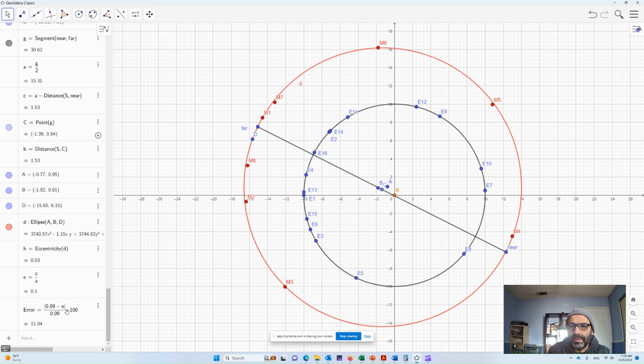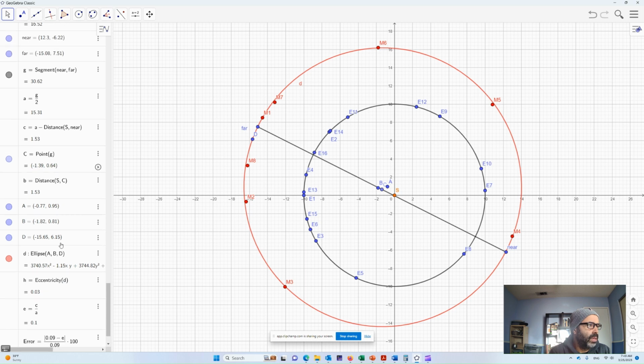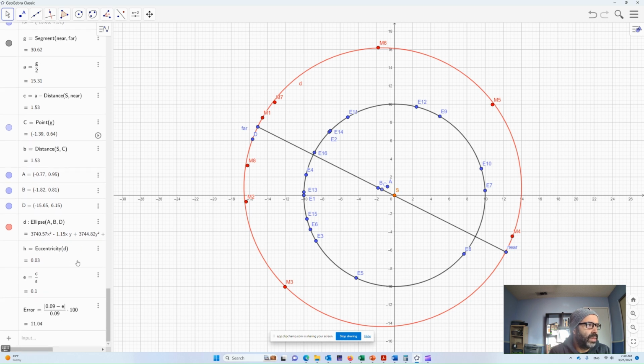Again, for your case, it might be different. It might be more or less because the way that you draw this smooth graph is supposed to be part of the error in this case. It's going to build an error in here. I really don't know why I got 66% in the first method. I really should have found less than that, but that's fine because it's coming up with an eccentricity of 0.03.